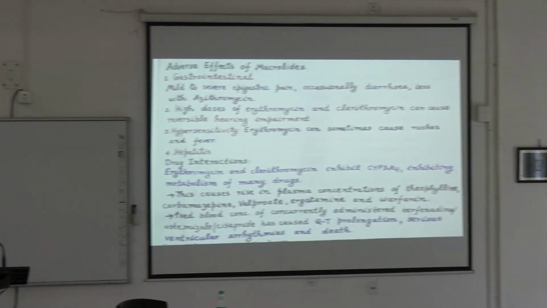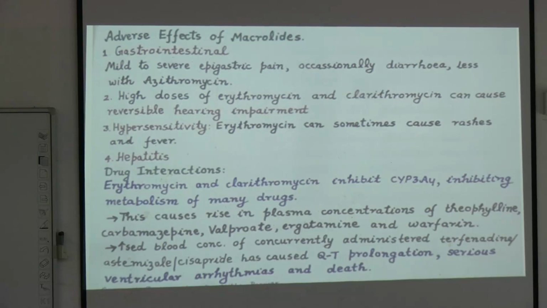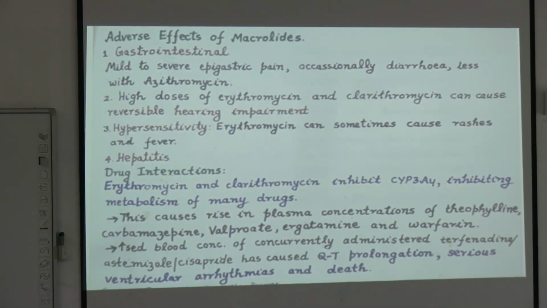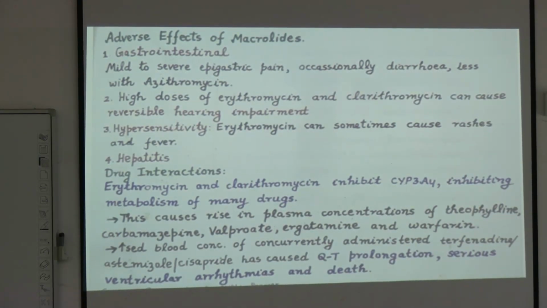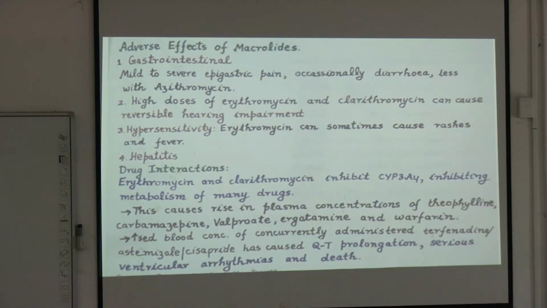If I talk about uses, while discussing the spectrum of action, on which bacteria they work, we have spent a significant amount of time, right? Yes or no? So I think a few uses you will be able to tell me.